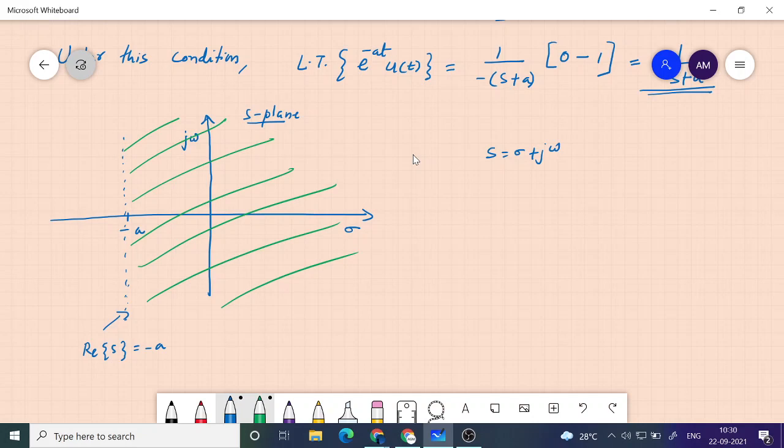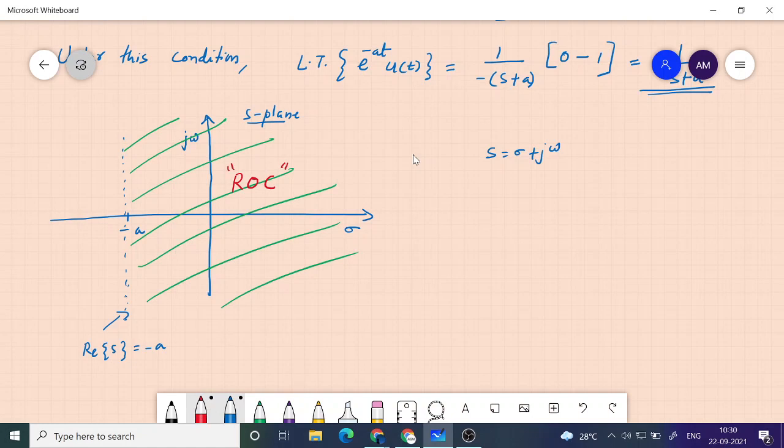So Laplace transform exists for any value in the s plane which is to the right of real part of s equal to minus a, and this is called the ROC.